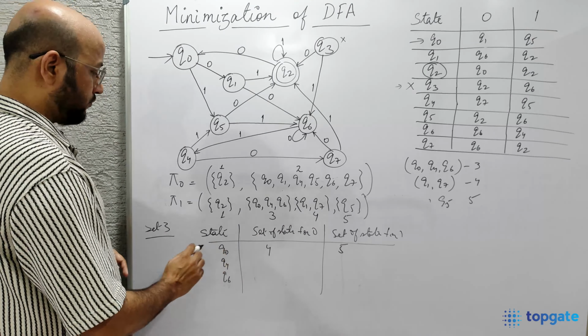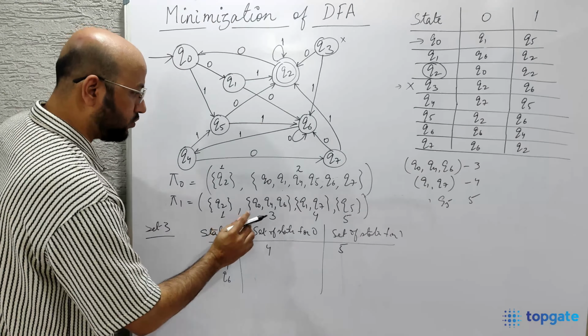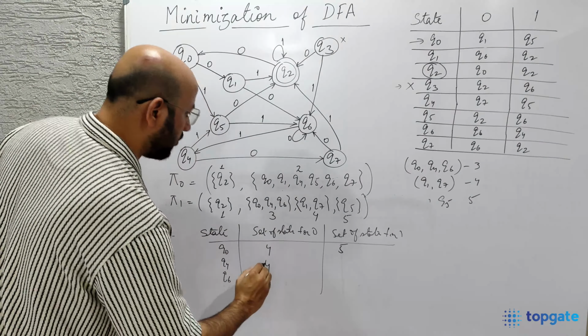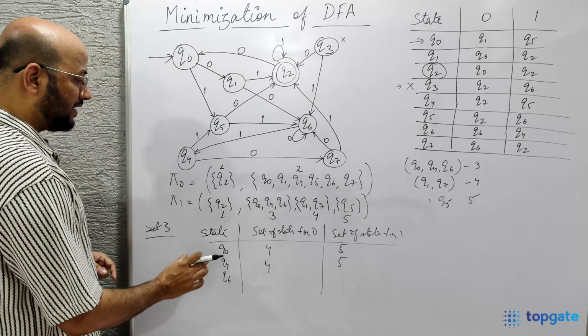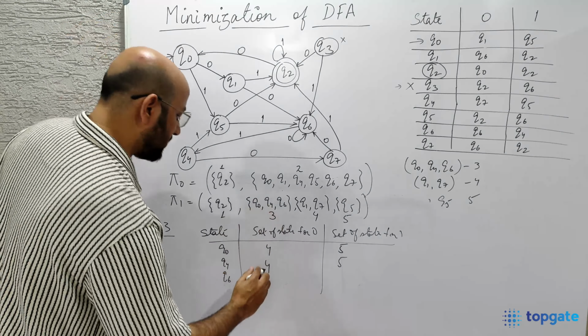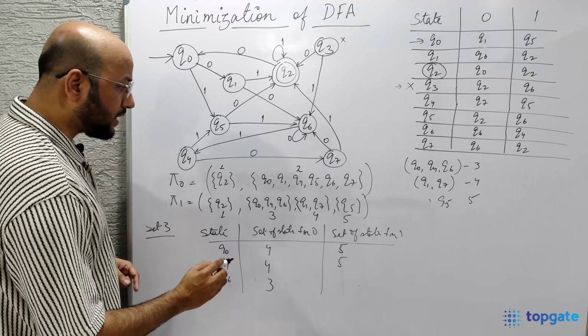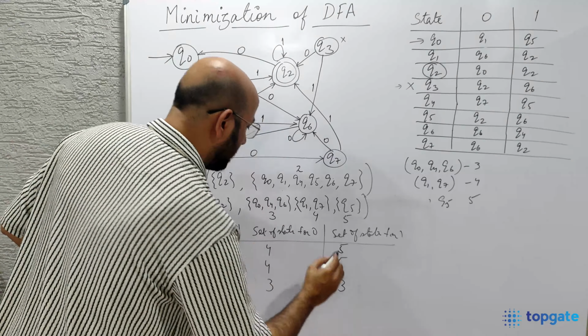Fine. For q4, we have q7 and q5. So q7 belongs to set number 4, and q5 belongs to set number 5. Similarly for q6, I'm getting q6 and q4. q6 is set number 3, and q4 is again set number 3.